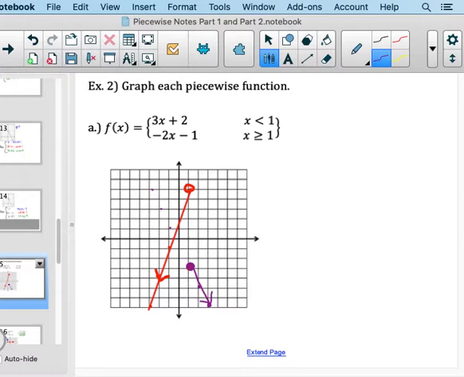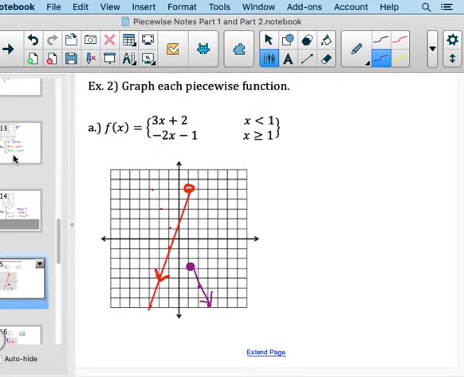If I would have had a solid dot here at the top of the red, if I would have had a solid dot here and here, then it wouldn't be a function anymore, because this value of 1, I wouldn't know if I needed to plug it into this equation to get the answer, or if I should plug it into this equation to get the answer.